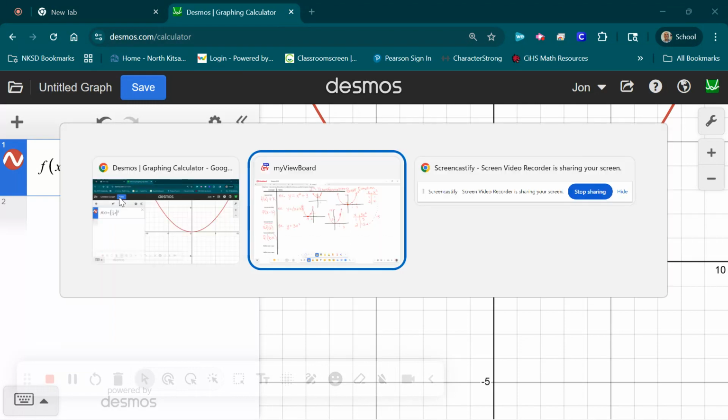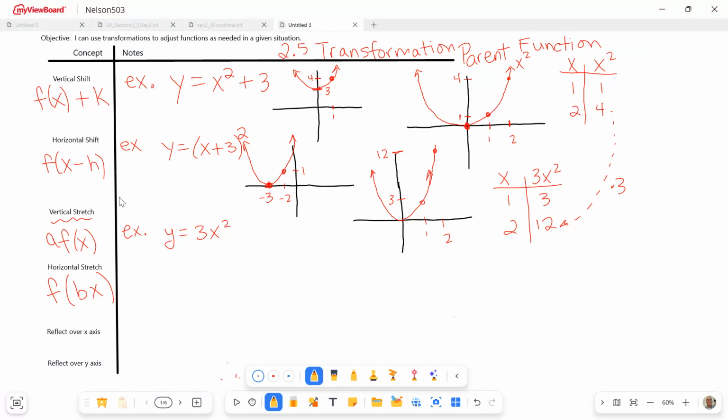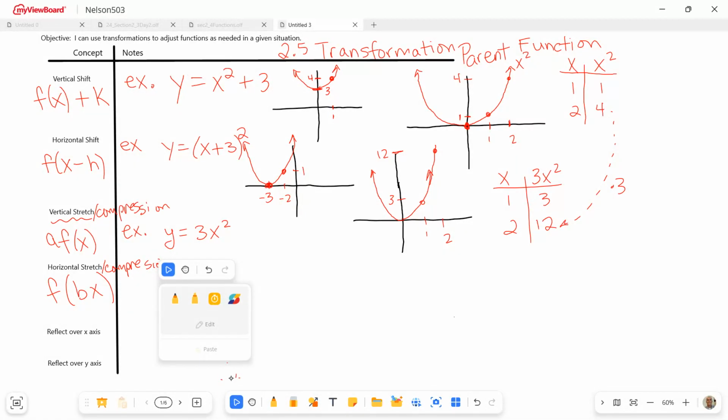So it's kind of weird, but this is a horizontal stretch or compression, depending on what we got going on. And this is a vertical stretch or compression, depending on what kind of number we have. Now, let me try to explain this.